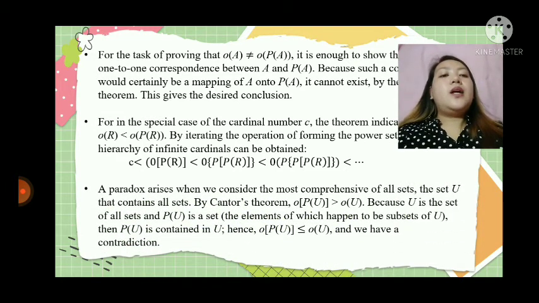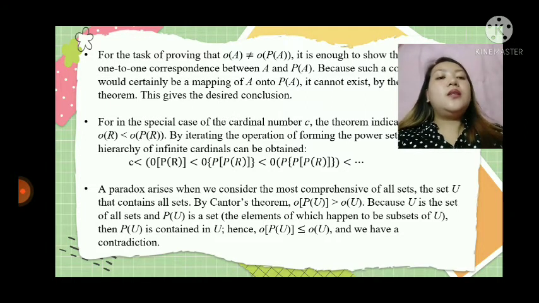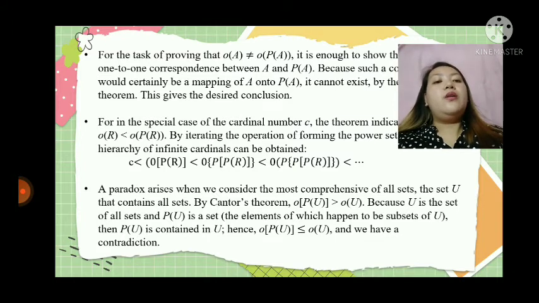A paradox arises when we consider the most comprehensive of all sets, the set U that contains all sets.